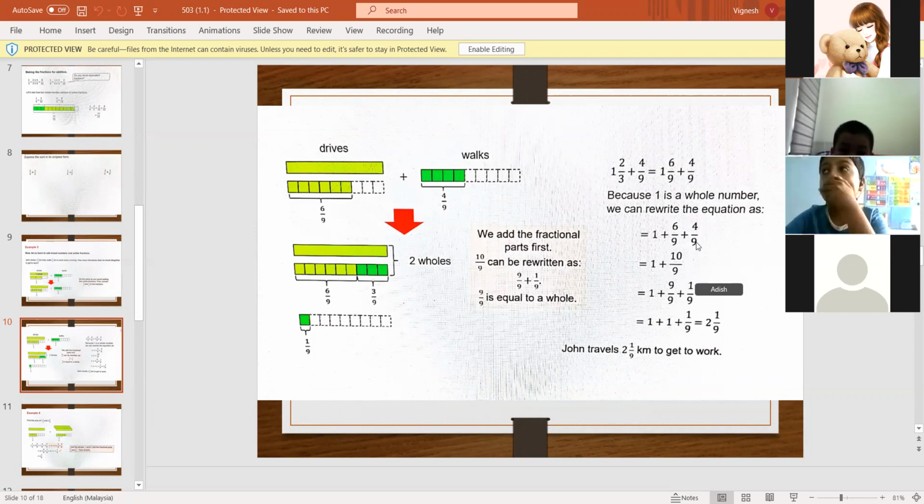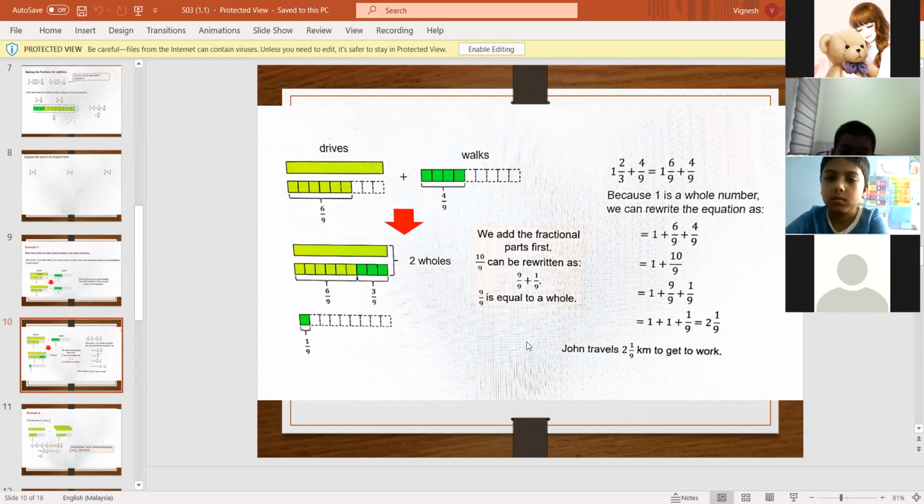Even though the final answer you got is 1 and 10/9, we can't leave it like this. We have to convert it into a mixed number. As I taught last time, you divide the numerator by the denominator. Understand or not?